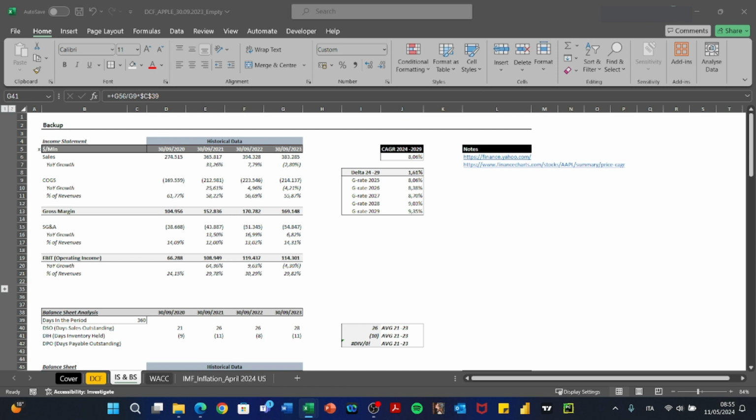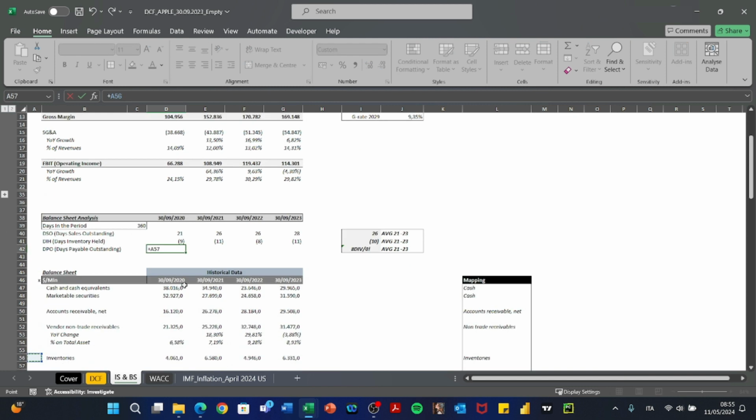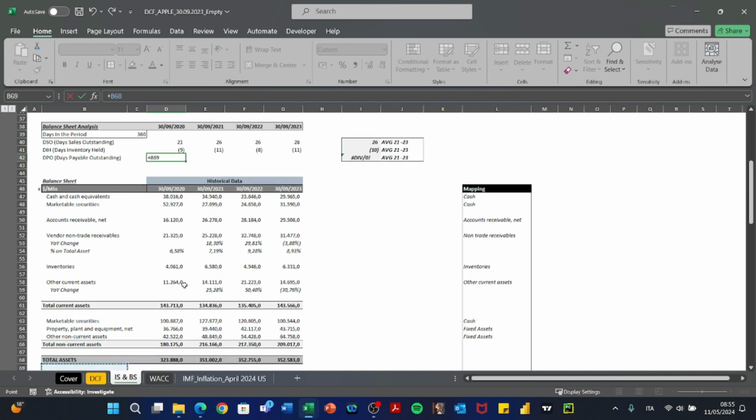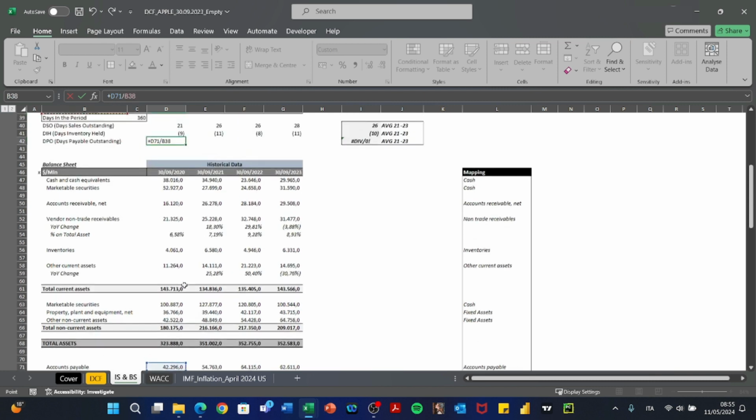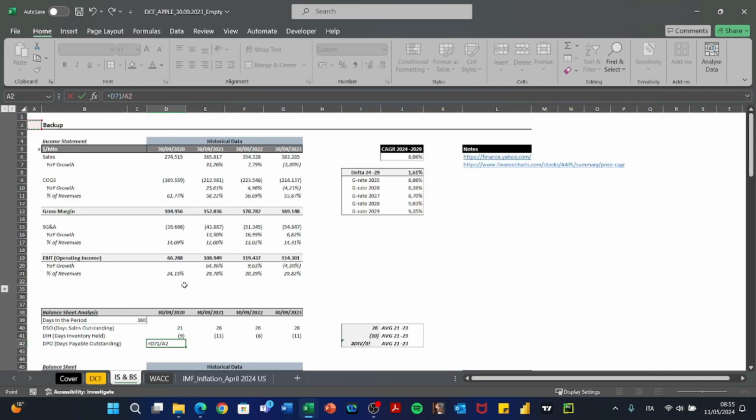And now let's do the same for our DPO. So let's get our account payable divided by our COGS times the days in period, 90 days. Perfect.